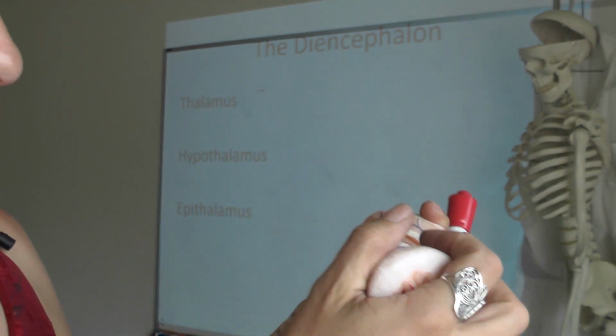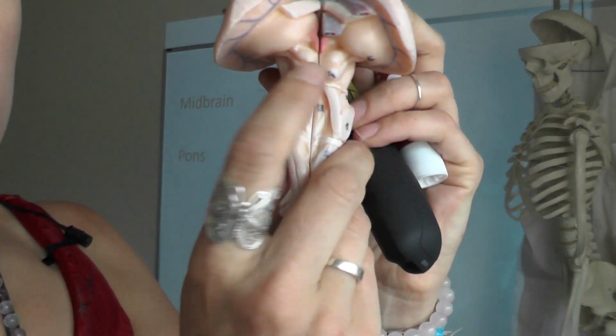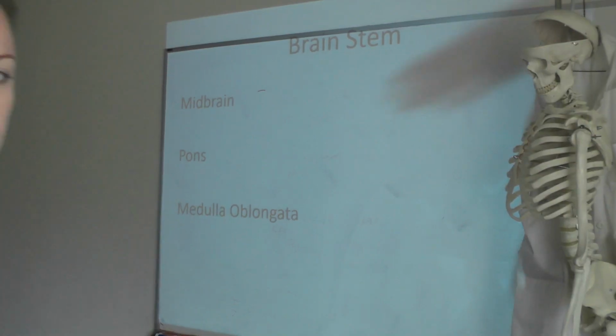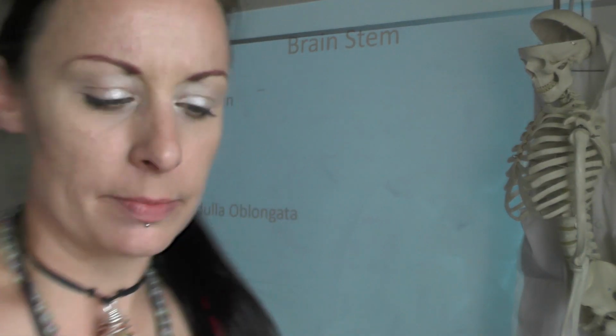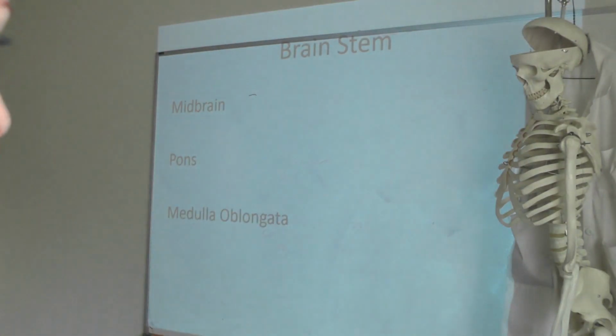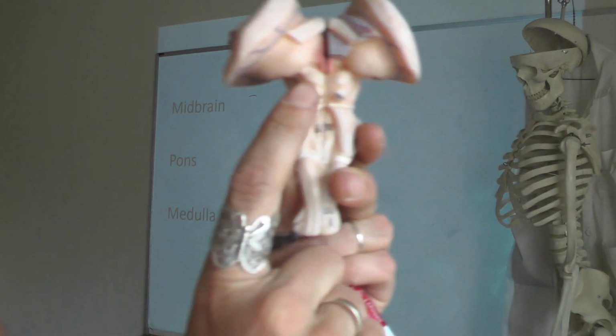Okay, diencephalon. And that's going to lead into our brainstem that has 3 parts. The midbrain here. All right, brainstem. So, midbrain. Right here.